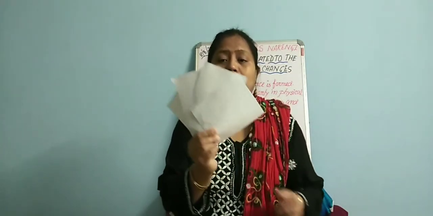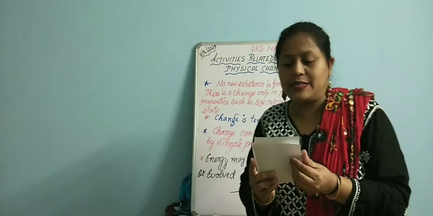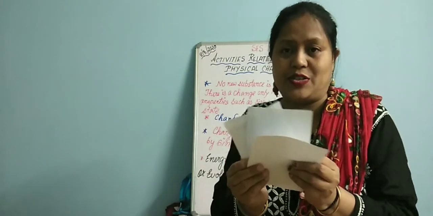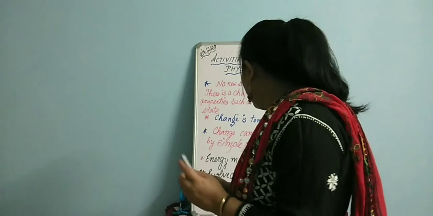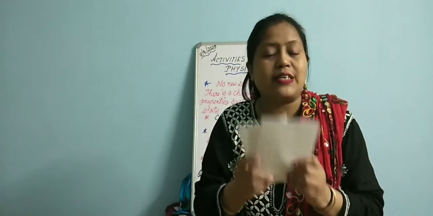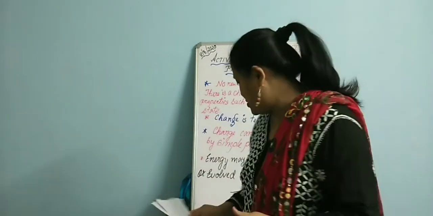Initially, it was a complete paper. Now I have cut the paper and I have made it into 4 halves. So what has changed here? The size of the paper has changed. Yes, so it's a temporary change, and the change can be reversed. Of course, I will not get back the complete entire paper, but the composition is the same. So this is an example of a reversible change.